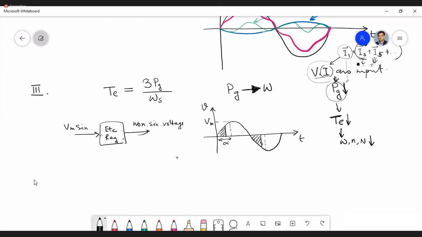Number 2 is the I-squared R loss. Do you think that this I-squared R loss will vary for this non-sinusoidal current? Any chance that this loss will vary?